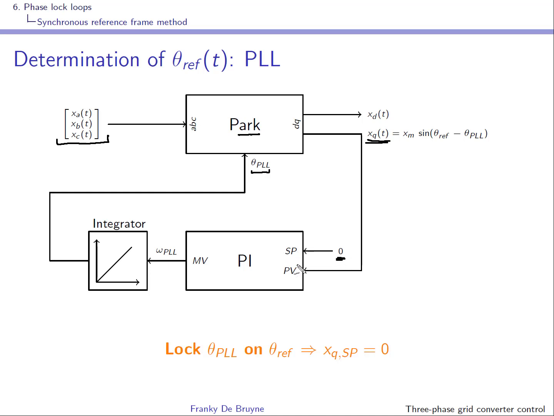The output of our controller will be, of course, the speed, and in order to go from speed to angular position, we need to use an integrator, 1/s. If you implement that, you have actually implemented a phase lock loop, and its job is to track the reference angle of this three-phase signal.